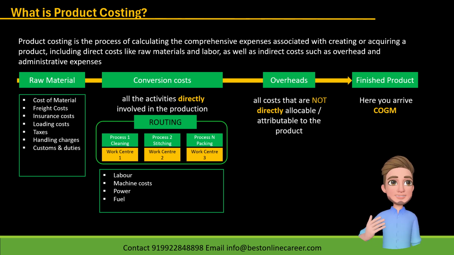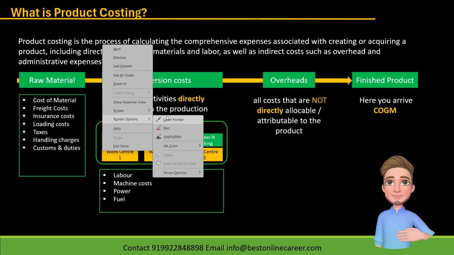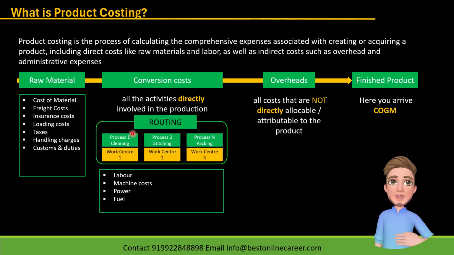So in SAP we have something called a work center. A work center is where a given set of activities are performed. On your screen, we have Work Center 1, Work Center 2, and Work Center 3. Let me bring the laser pointer. Okay, here you go.